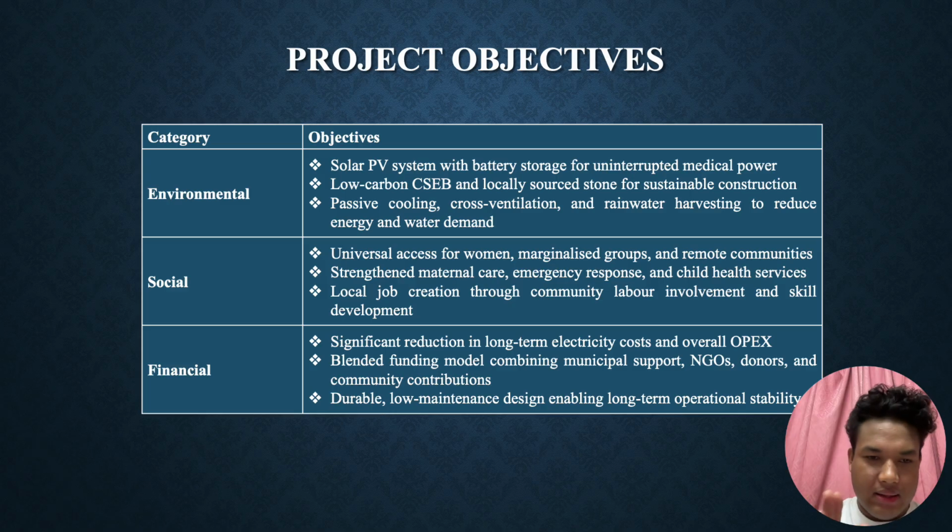Under the financial objectives, the clinic significantly reduces long-term electricity cost by relying on renewable energy. A blended funding model combining municipal support, NGO support, and community contributions ensures affordability and durable, low maintenance infrastructure for long-term operational stability.